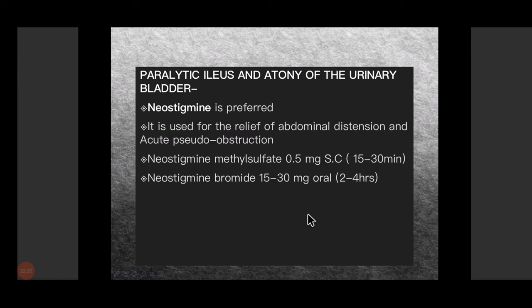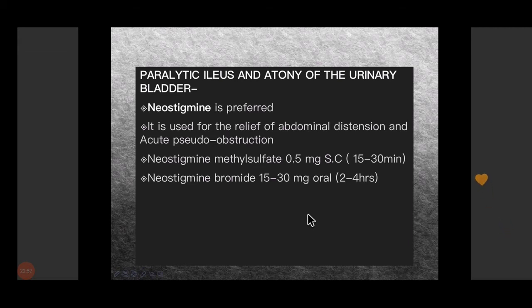It can be used as neostigmine methyl sulfate 0.5 milligrams subcutaneously, which acts in 15 to 30 minutes, or neostigmine bromide 15 to 30 milligrams orally, which will take longer, 2 to 4 hours. It has poor oral absorption as it is a polar compound. It is used for relief of atony of intestine or bladder.